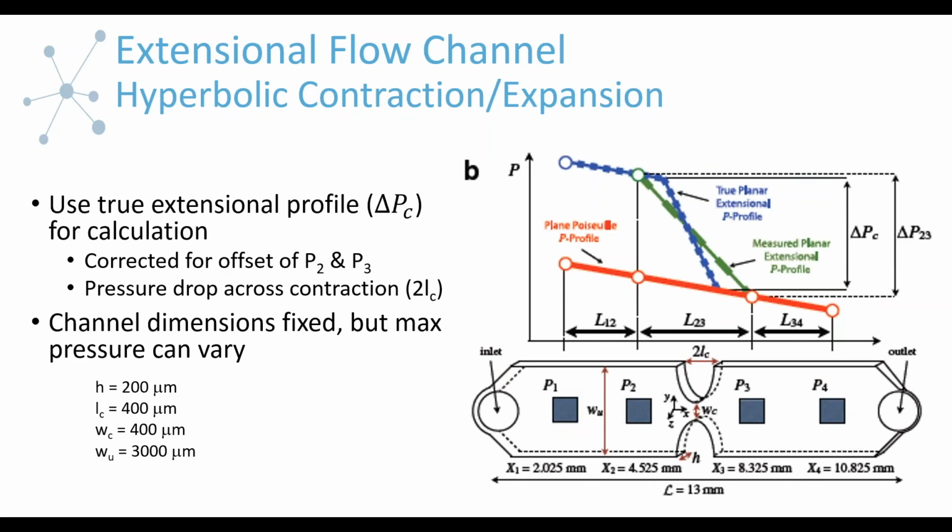I scrolled back on the slide so that I have the list of the dimensions of the channel. This width here, W sub C, is 400 microns, and the channel depth is 200 microns. I'm not sure if that's what you mean by the orifice, or if you meant the inlet and outlet.